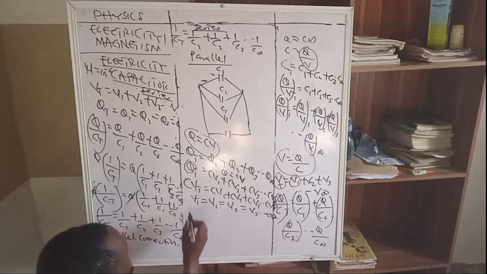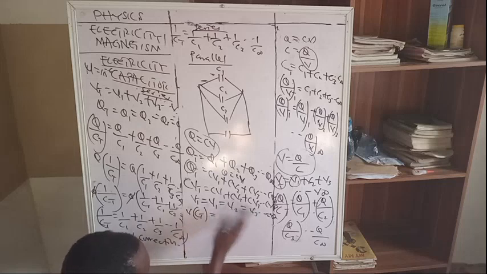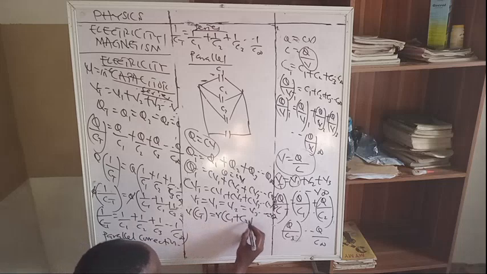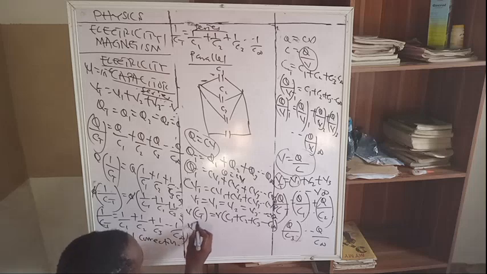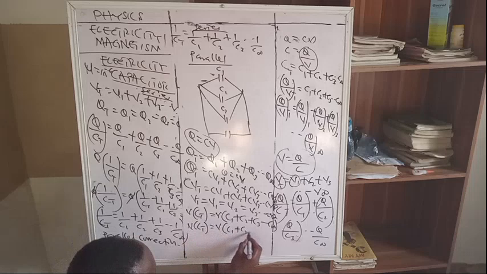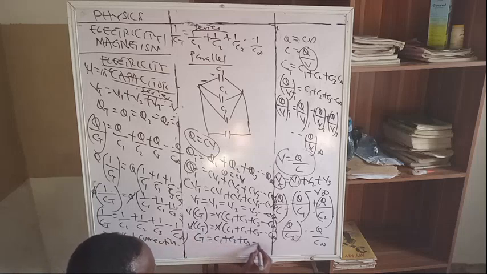Then anywhere I see V, it is V. So I'm going to write V open bracket C total is equal to, since V is not different, C1 plus C2 plus C3, then to C infinity. Then at the end, I have V times CT, V times C1 plus C2 plus C3 to C infinity. Then V has gone with V. So I have CT is equal to C1 plus C2 plus C3, then to C infinity.